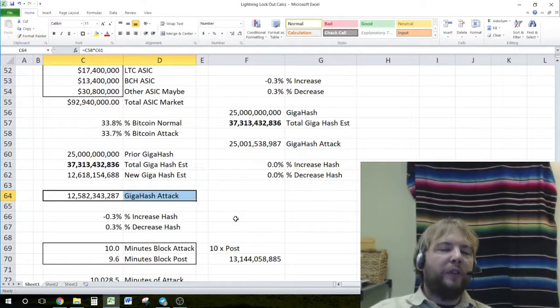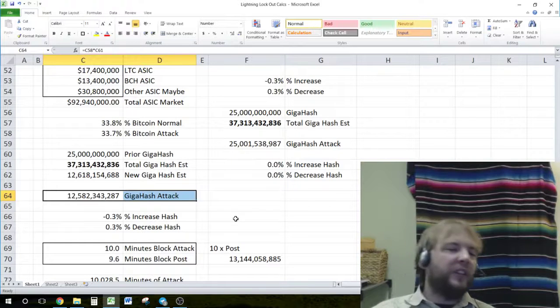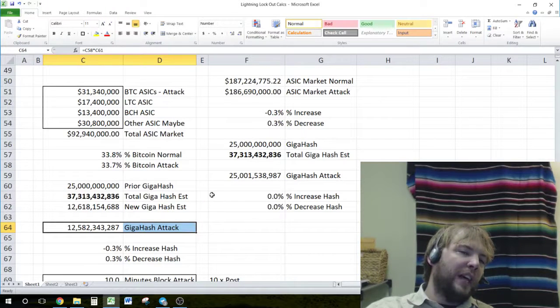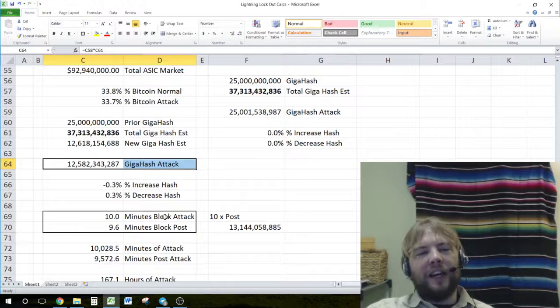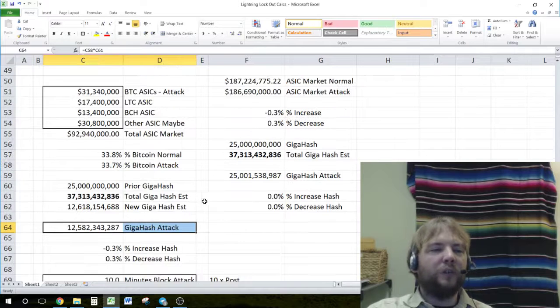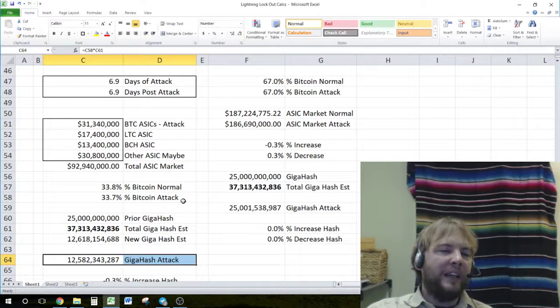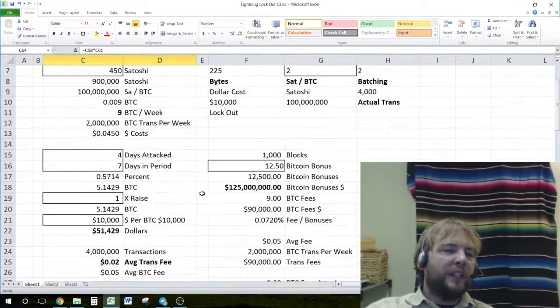So even if we decrease the mining bonus from 4% per year to 1% per year, we are still not vulnerable to a 51% attack based on the available gigahash that we previously had. We would only get attacked by people who previously mined Bitcoin, assuming Litecoin and Bcash do not want to attack us. All right, so that's one example there.